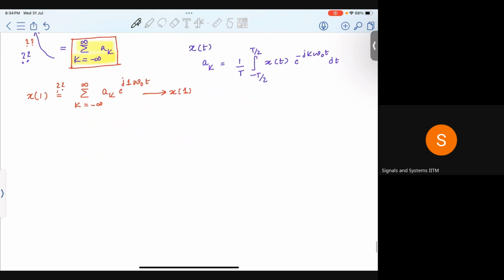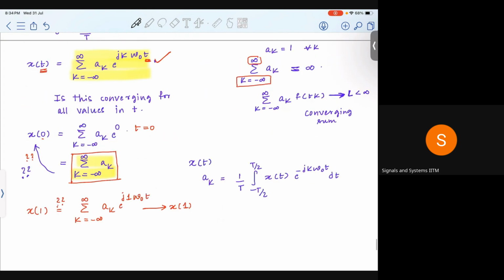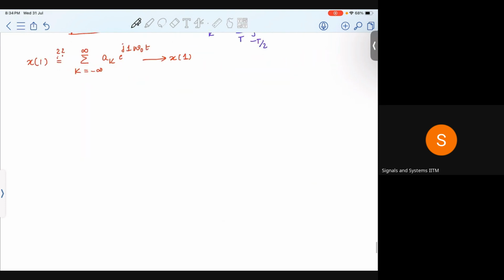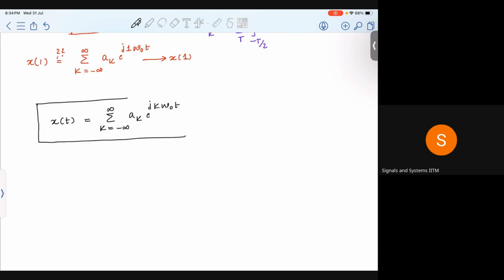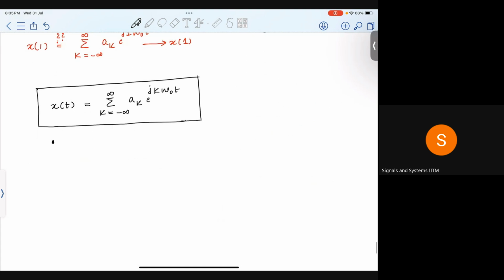What Dirichlet's condition states is that the sum is not always converging. So you can write x of t as the sum over k from minus infinity to infinity of ak e power jk omega naught t only under specific conditions. So you cannot always write this.